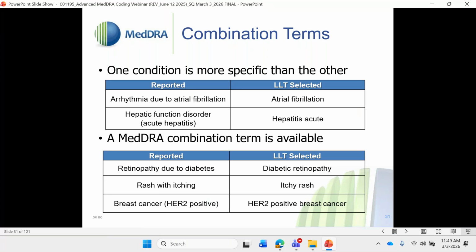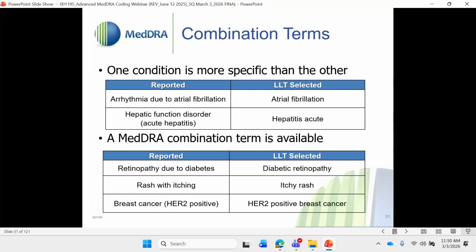Of course, you would do that if in MedDRA there was not a combination term that has both. And lo and behold, we do have a term as such. We have a LLT diabetic retinopathy. So the best solution to code would be to use a term that has both of those concepts and not unnecessarily split, since you have that option available.